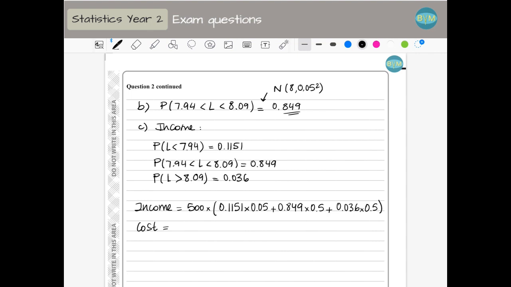And the cost will be 500 times 0.2. They give us pence and I'm working in pounds, but you can work in pence if you prefer.